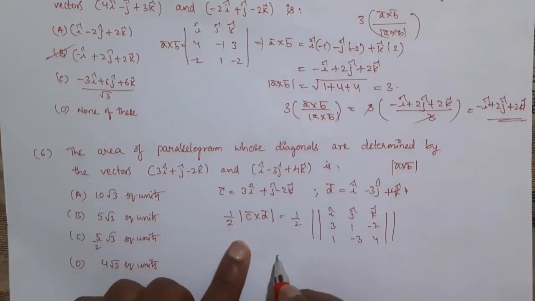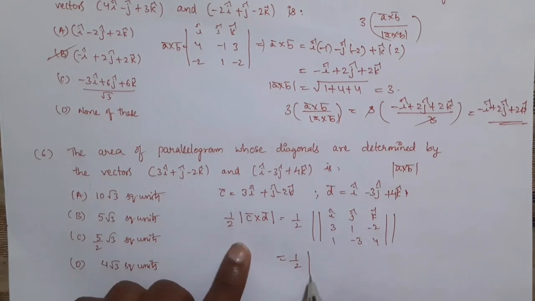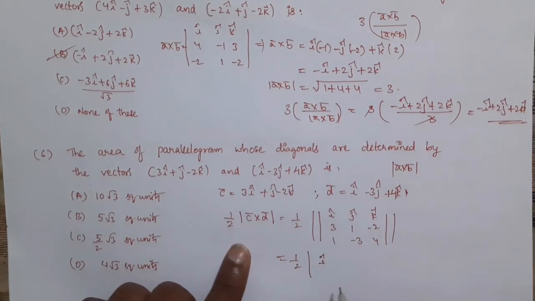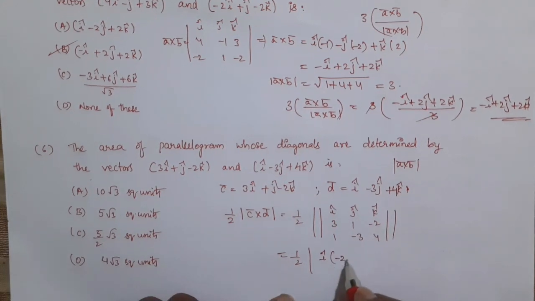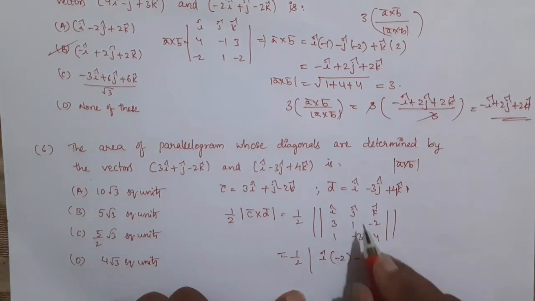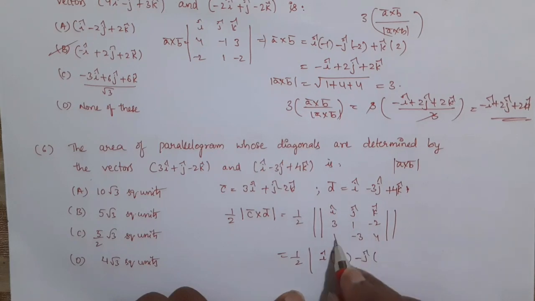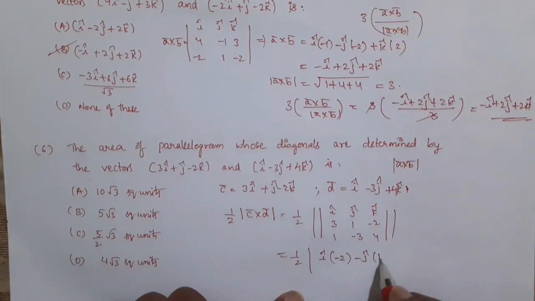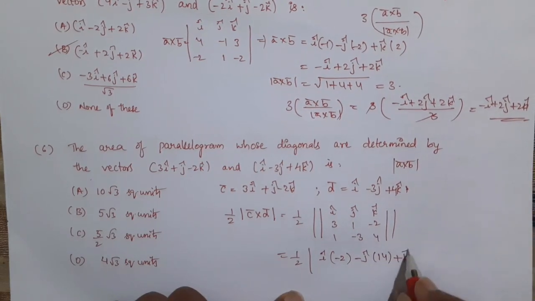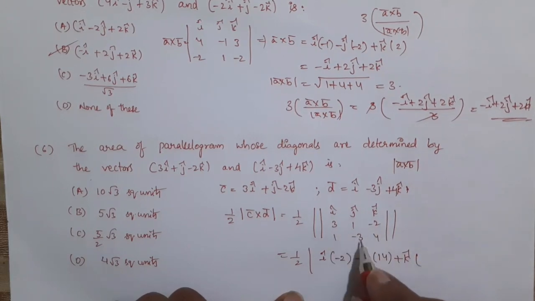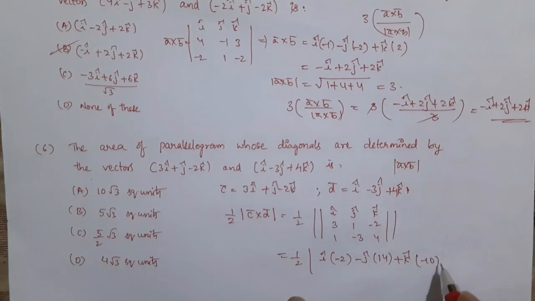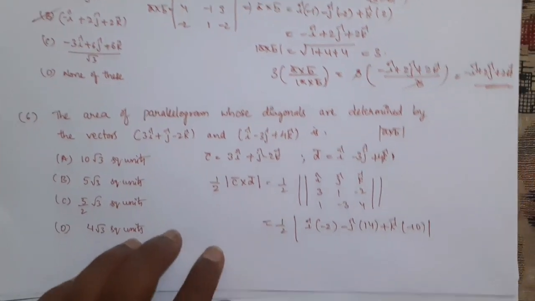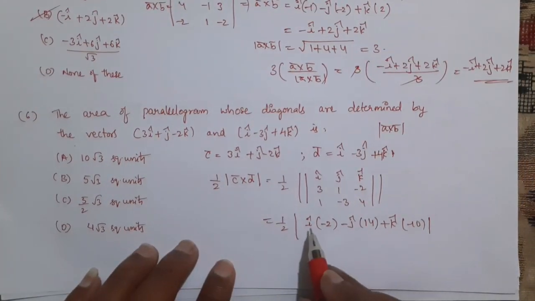So modulus is there, and then this will be i cap into 4 minus 6 is minus 2, minus j cap into 3 fours are 12 plus 2, which is 14, plus k cap into 3 into minus 3, which is minus 9, minus 1, which is minus 10. So this will be the c bar cross d bar.